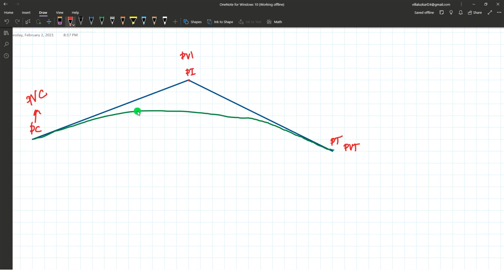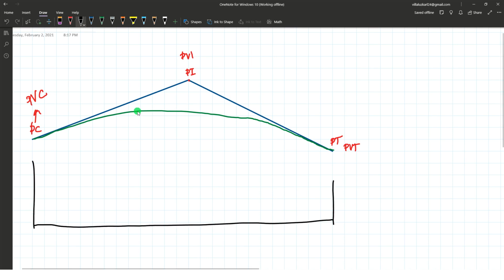Then the length of the parabolic curve is measured horizontally, not the length along the curvature. So in vertical curves, we measure the horizontal distance of the curve.